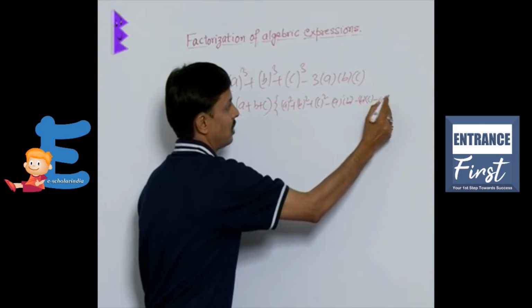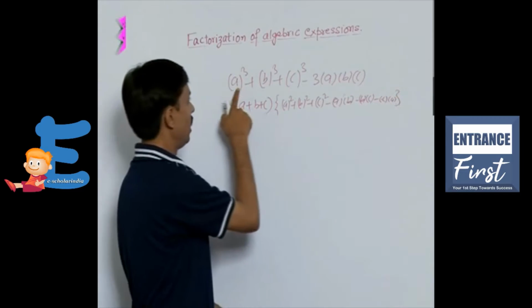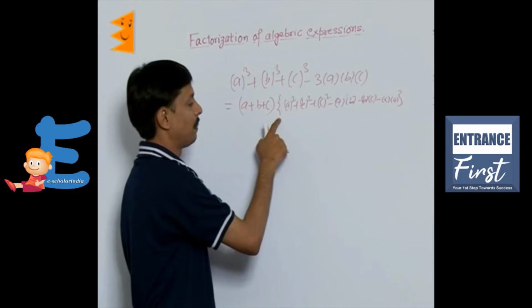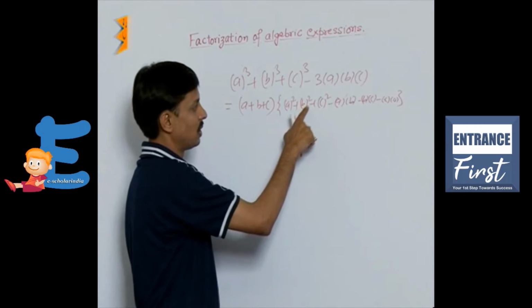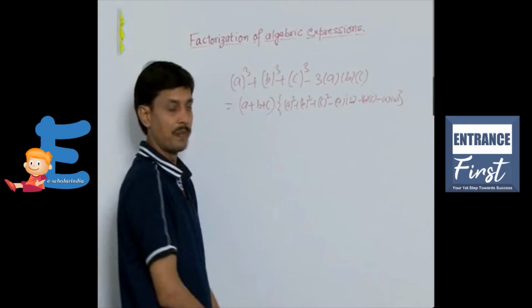In short, it is ca. So a cube plus b cube plus c cube minus 3abc is (a + b + c) into (a square plus b square plus c square minus ab minus bc minus ca).